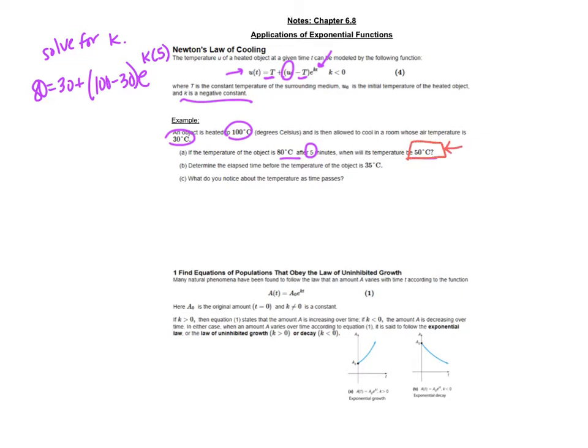Okay, so first thing we want to do is solve this equation here. So I know that 100 minus 30 is just 70. I'm going to subtract this 30 from both sides. So it's going to give me 50 equals 70 e to the, I'm just going to say 5k.